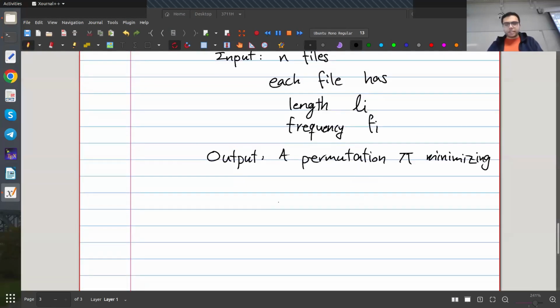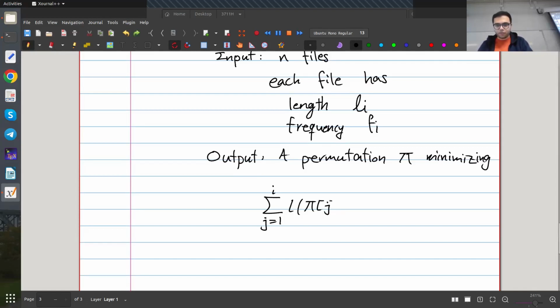So the cost of accessing file number I would be this. I have to basically start from the beginning, from file 1 to I. And I have to read every one of them. So I have to do this, L of Pj, length of the file that is put at position J. But I have to do this Fi times, right? And then, of course, I'm summing over I from 1 to n.